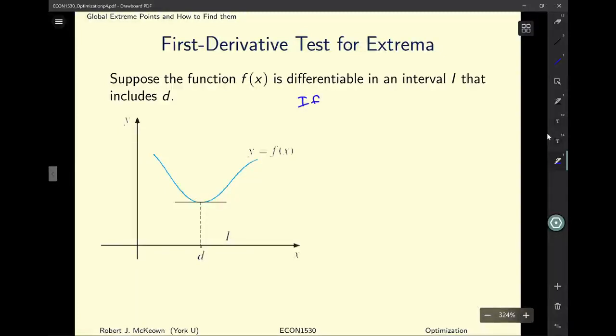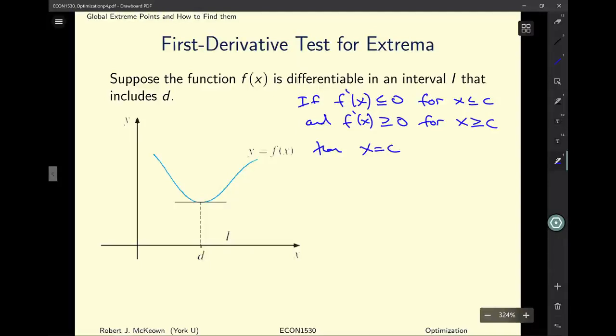If f prime of x is less than or equal to 0 for x less than or equal to c, and f prime of x is greater than or equal to 0 for x greater than or equal to c, then x is equal to c is a minimum point for the function f in the interval I.